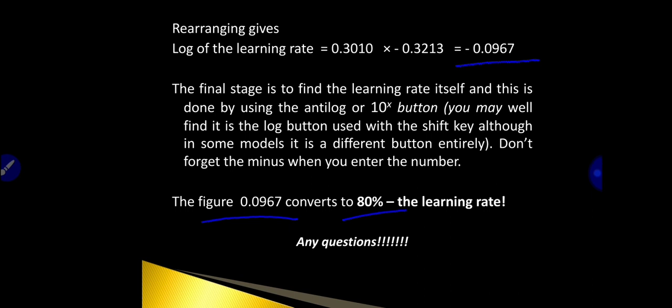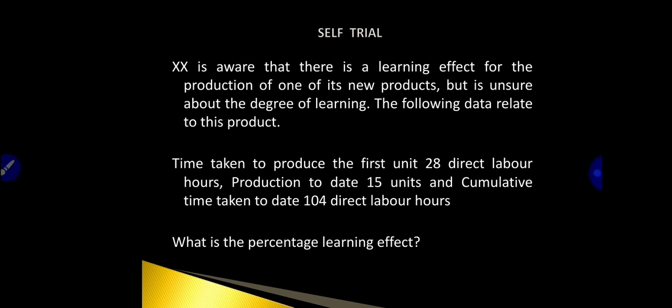Now, if there is no question, then you can try out this question. XX is aware that there is a learning effect for the production of one of its new products, but is unsure about the degree of learning.